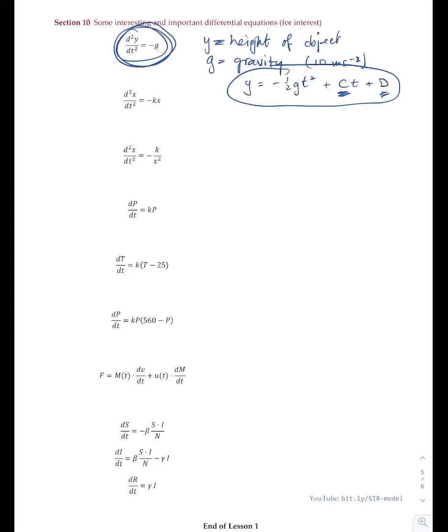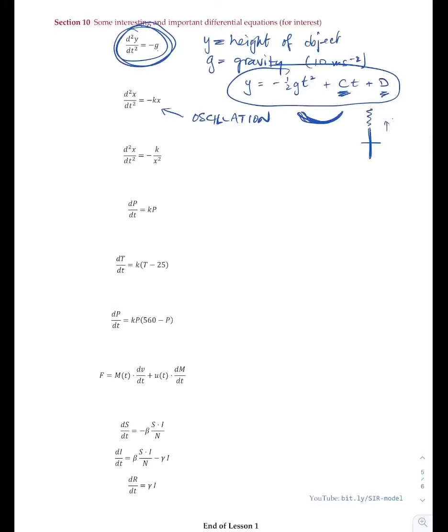All right, just very quickly, this one is oscillation, like a pendulum swinging backwards and forwards. I'll talk about a spring instead. If you have a spring and you let it go, it goes boing, boing, boing, and here's your equilibrium point.